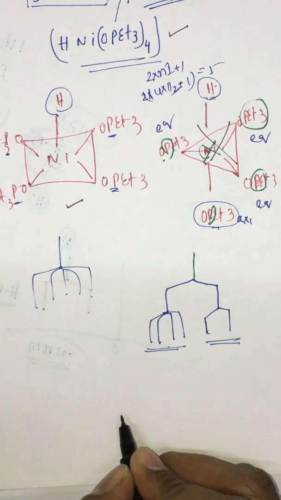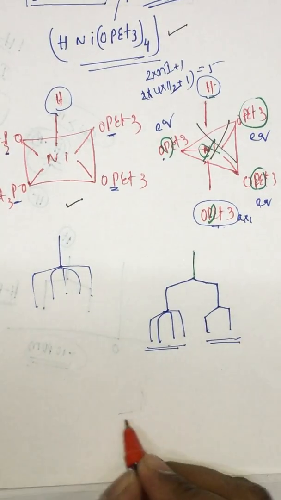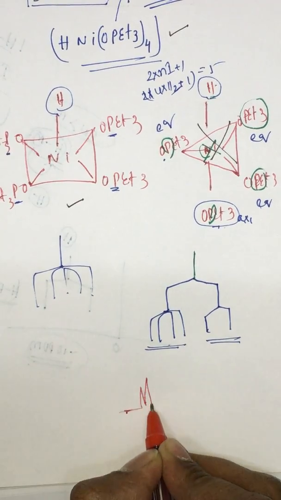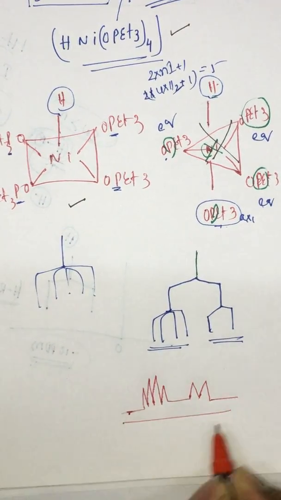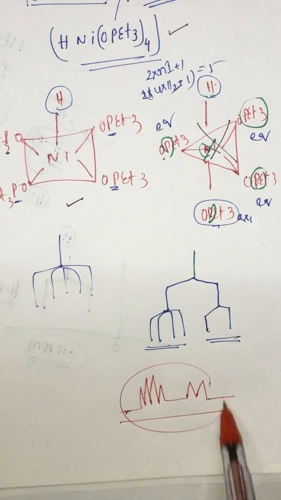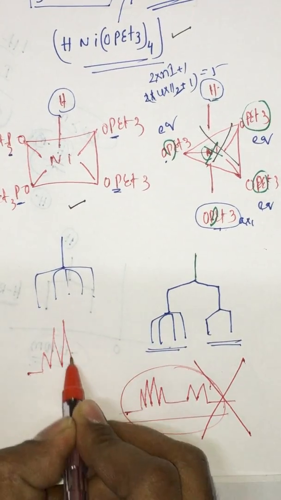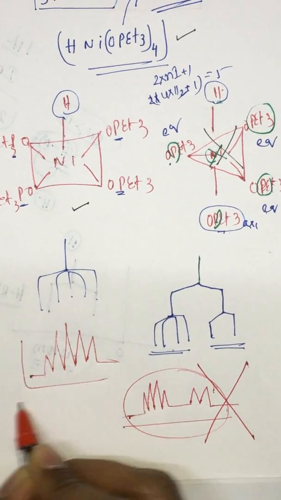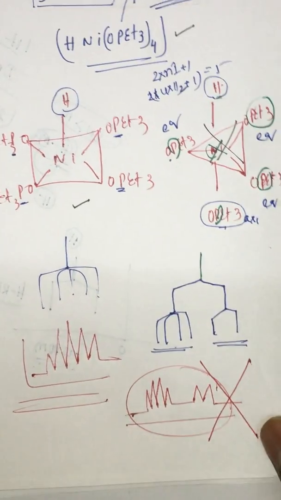So the spectra looks like this. If we assume that it exists in a trigonal bipyramidal structure, it has to show this spectra, but this is not acceptable. A 5-line signal is what we get here, so that is acceptable. By this way we can also predict the structure of the complex by using NMR spectroscopy.